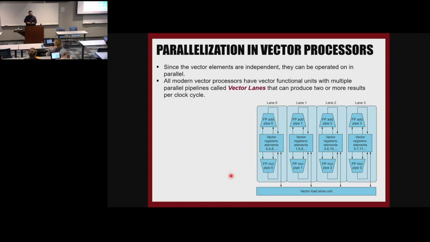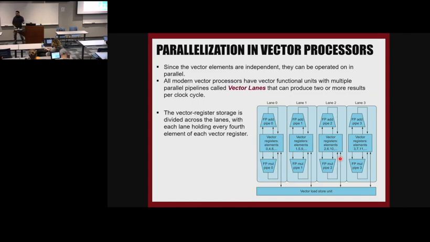And we can split the register file across these 4 lanes. As you can see in this example, each lane holds every 4th element in the vector. So you have elements 0, 1, 2, 3, and then elements 4, 5, 6, and 7, and so on. So now you're actually parallelizing the computation as well.